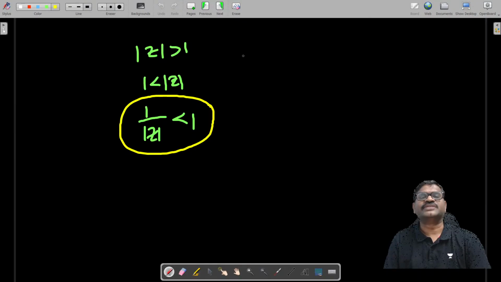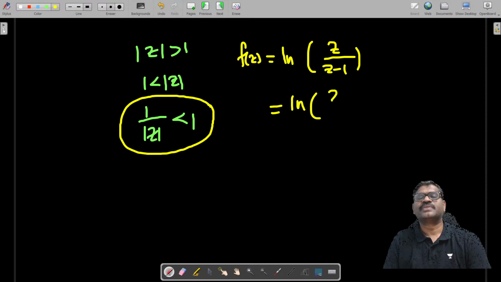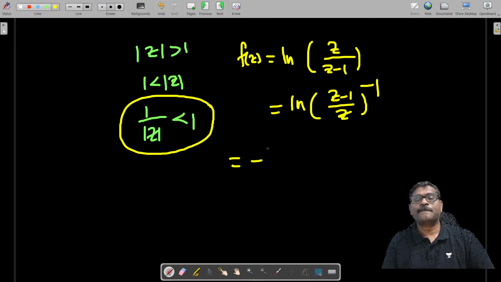The function is log of z by z minus 1, which is log of z minus 1 by z, whole inverse, that is minus log of 1 minus 1 by z.